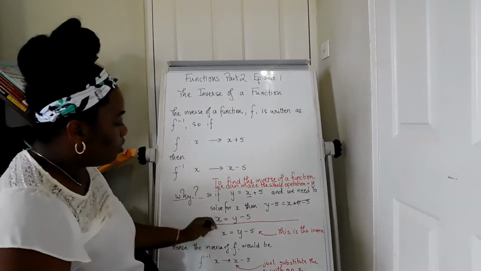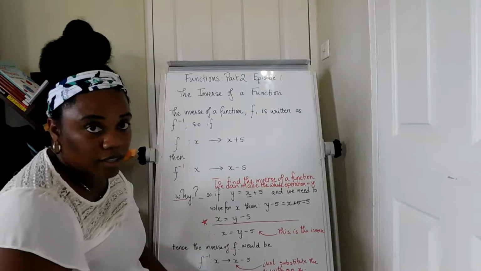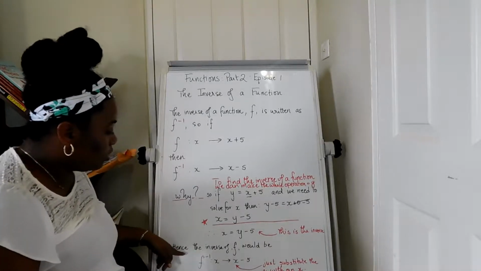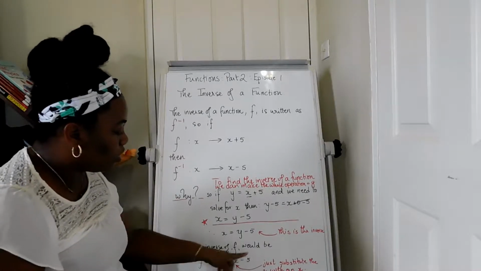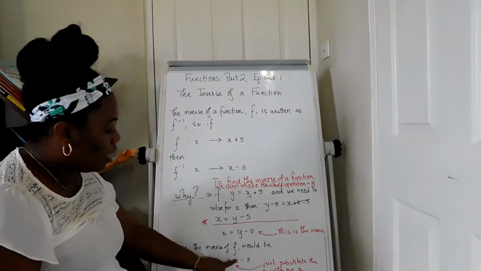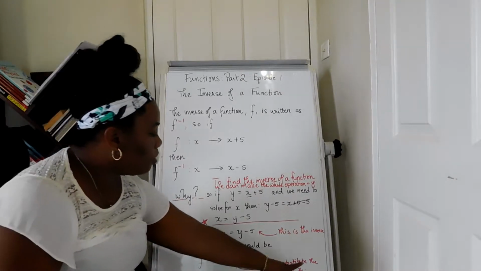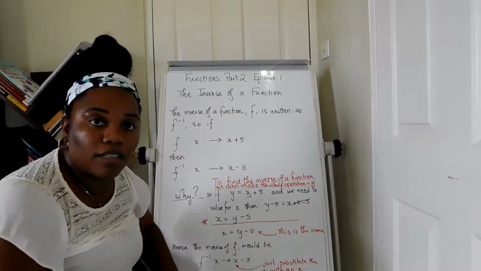Now, if x is equal to y minus 5, this is the inverse. Hence, the inverse would be f to the minus 1 of x equals x minus 5. Just substitute the y with an x. That is all you have to do.